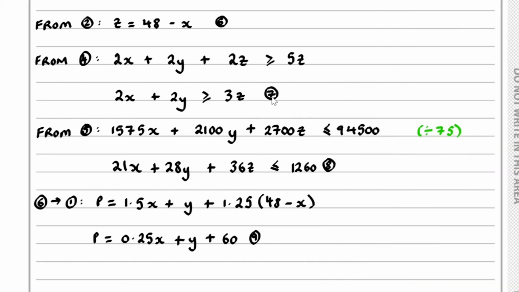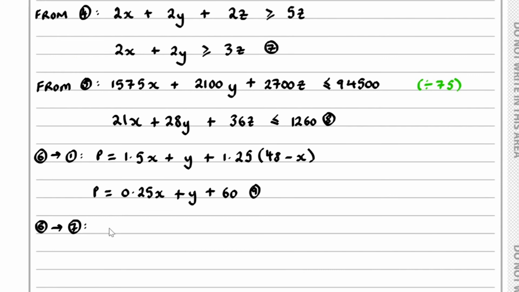Now if I take a look at equation 7, I can substitute 6 into 7. So if I substitute equation 6 into equation 7, I've got 2x plus 2y being greater or equal to 3z. Now I know what z is, that's 48 minus x.